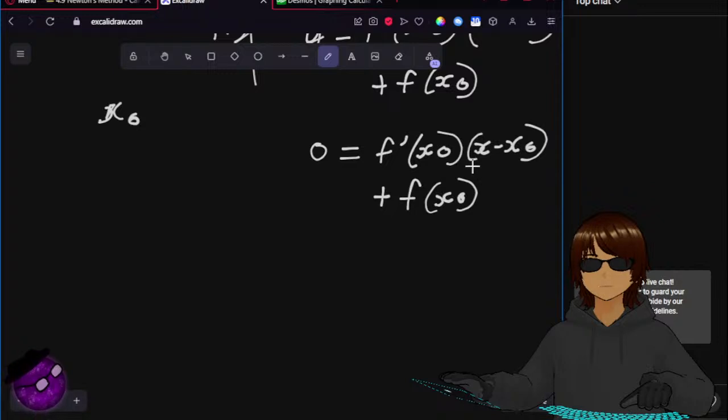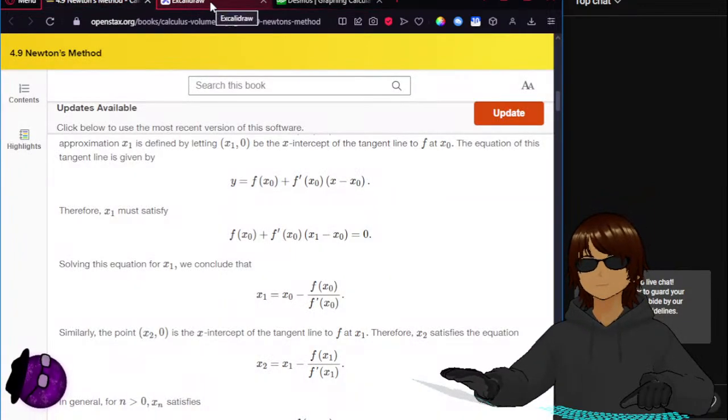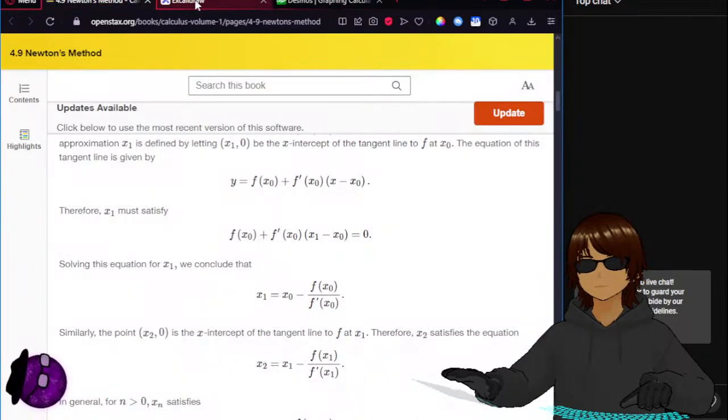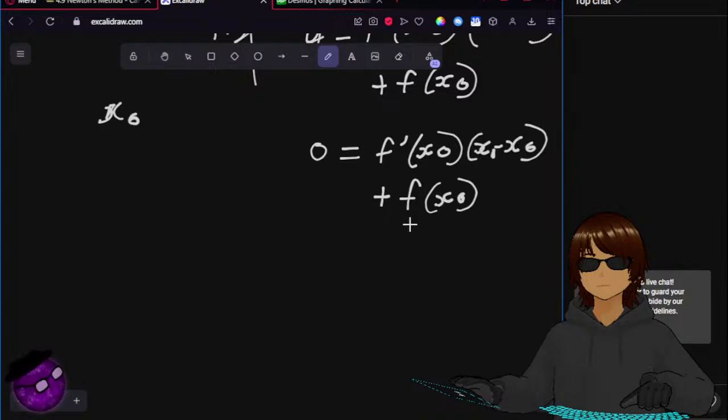Hmm, yeah, x1, and this goes this side. I'm just making sure that what I'm doing is correct.